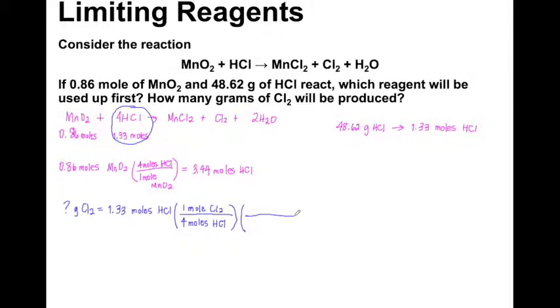Then, because I want to get the mass or grams of Cl2, I'm going to use its molar mass: 70.9 grams of Cl2 divided by 1 mole of Cl2. Using your calculator, this will give me 23.57 grams of Cl2. So that's it for our review on stoichiometry and chemical reactions.